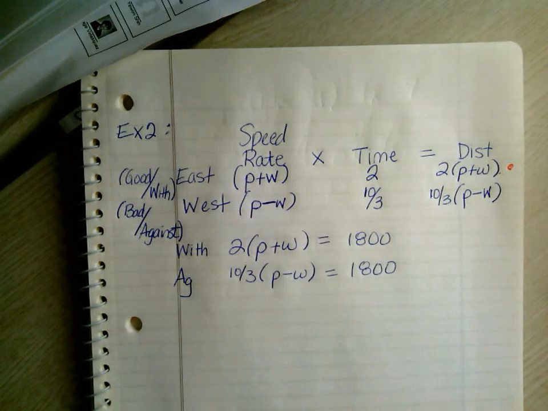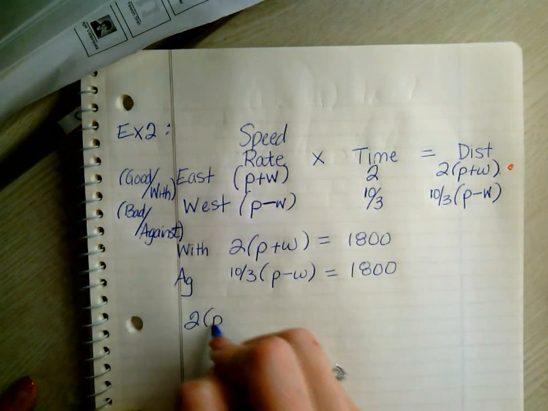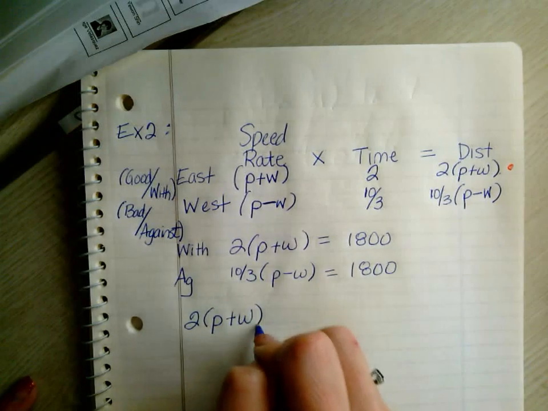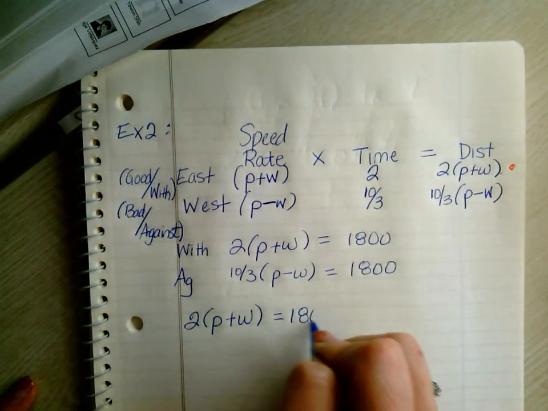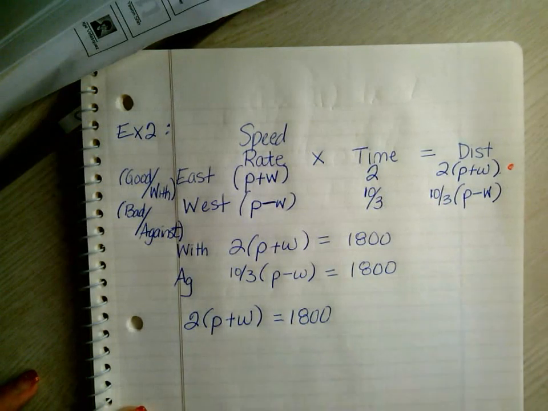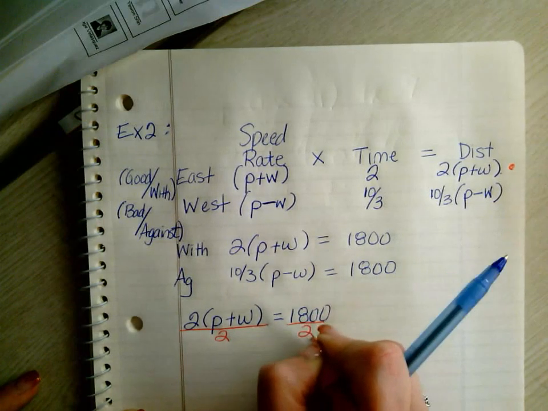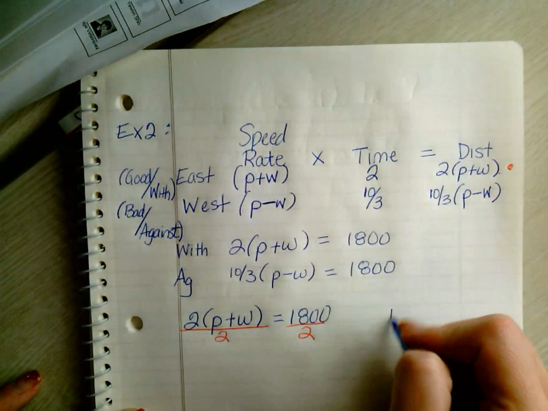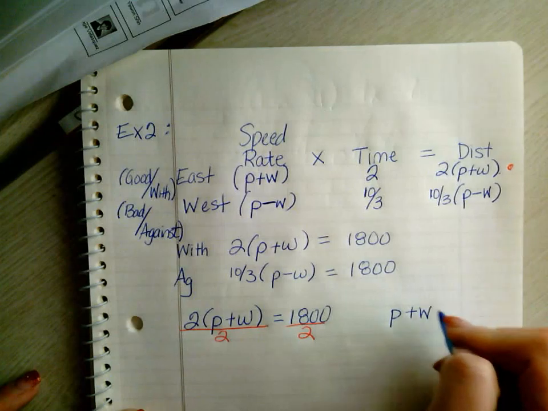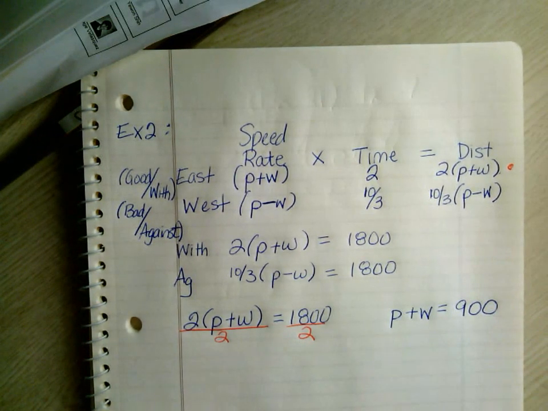When we start with 2(p plus w) equals 1,800, rather than distributing the 2, you can divide both sides by 2 and reduce the equation to p plus w equals 900. That's nice. My coefficient is 1.